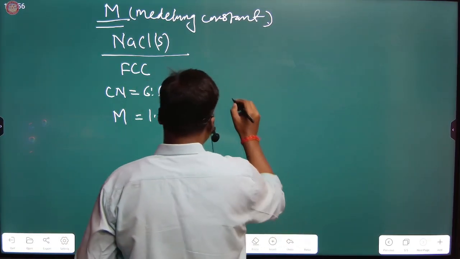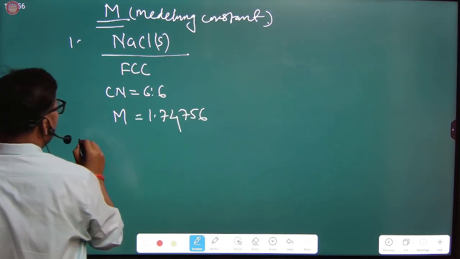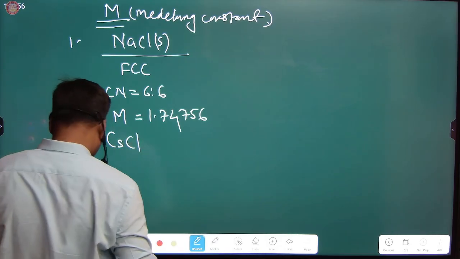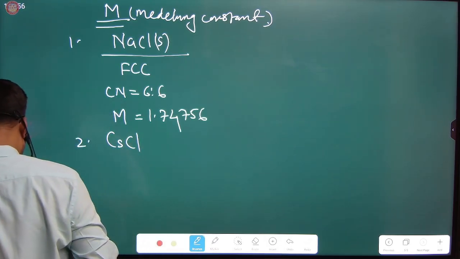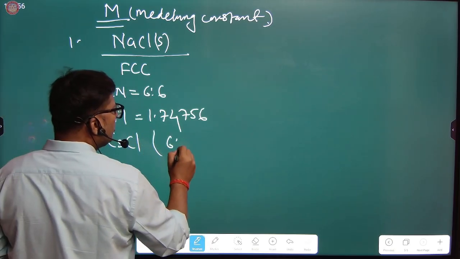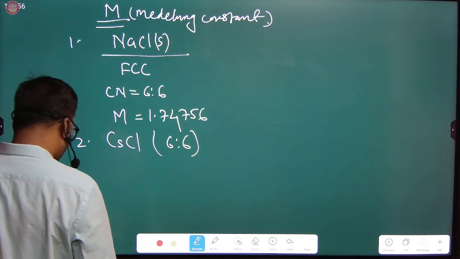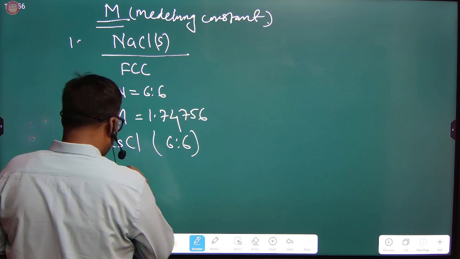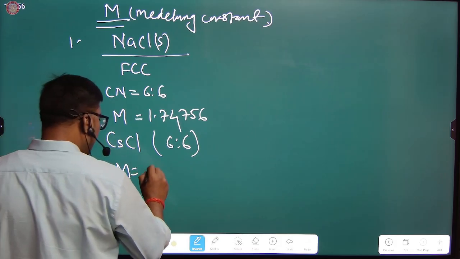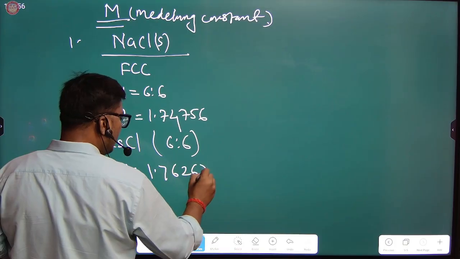In case of CsCl, this is the first example, cesium chloride also has coordination number 6:6, and the Madelung constant M is equal to 1.76267, right?